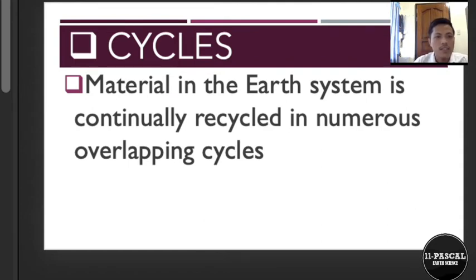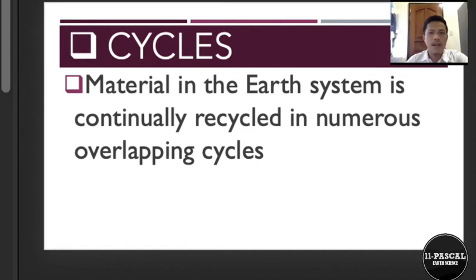So what is a cycle? Material in the Earth system is continually recycled in numerous overlapping cycles. When we say cycle, there is no beginning and there is no end. It can start in any part.